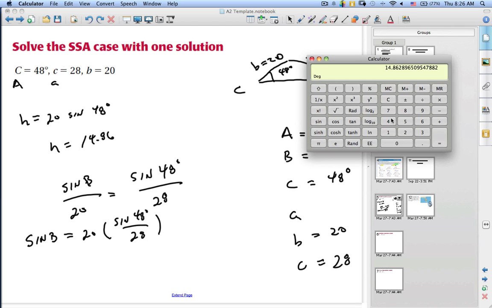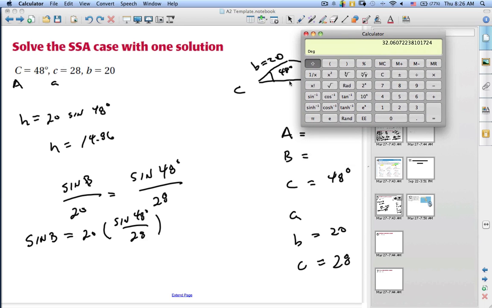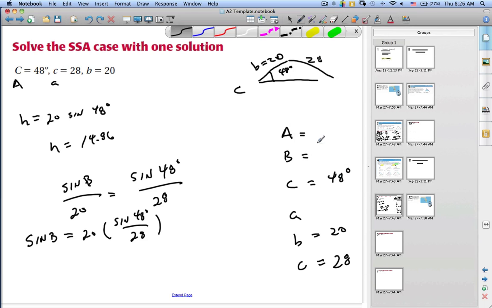I want the sine of 48 divided by the length of side c times the length of side b, and this is the sine of my angle. But if I want to find the angle, I do inverse sine, 32.06 is the angle. So angle B is 32.06.